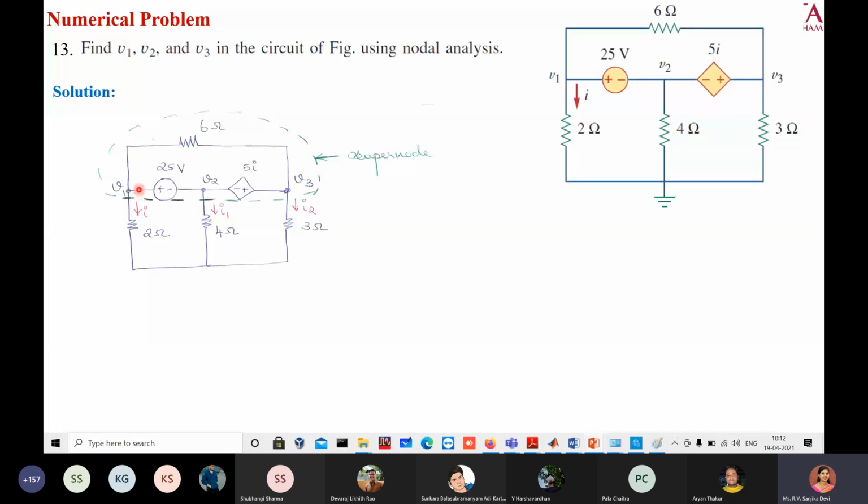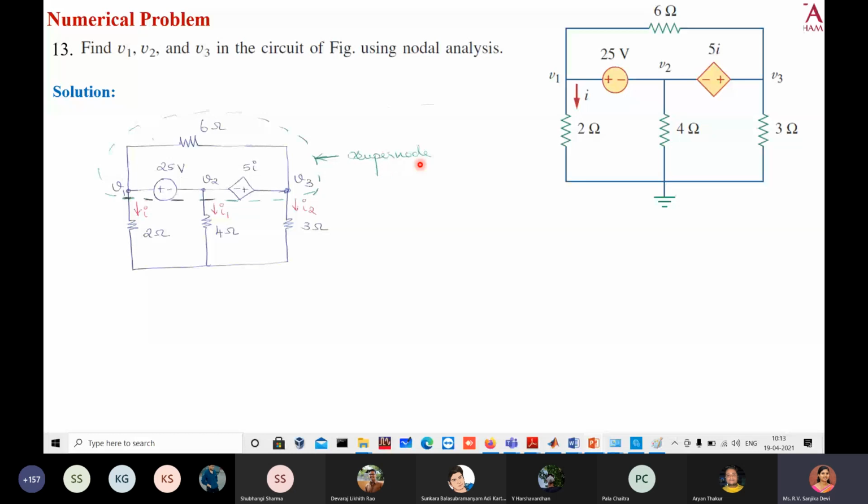So here, all these things together can be taken as a supernode. If you don't remember that, you can still do the circuit by considering only these voltage sources as a supernode. That will also give the same answer. Okay, so that we will see.